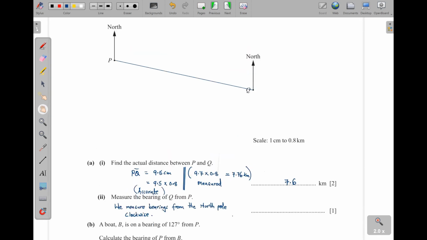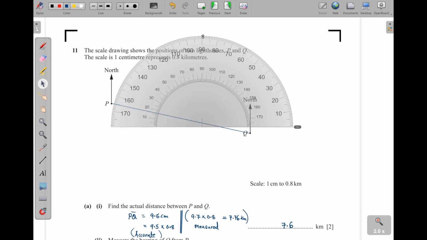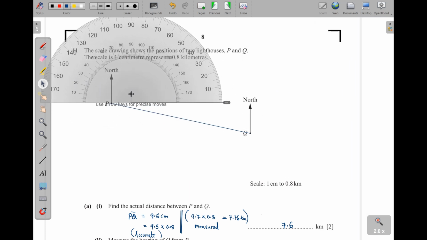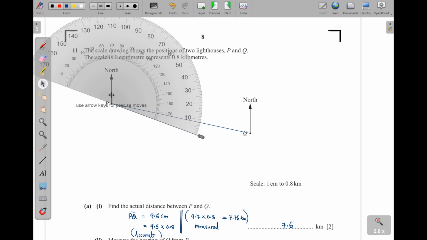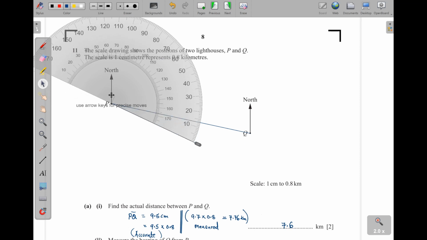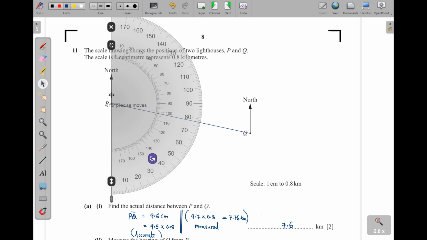So you get your protractor. Protractor is this one here. Then you put it here on P, and you make sure that this line coincides with that, the North Pole there, the arrow where it is.